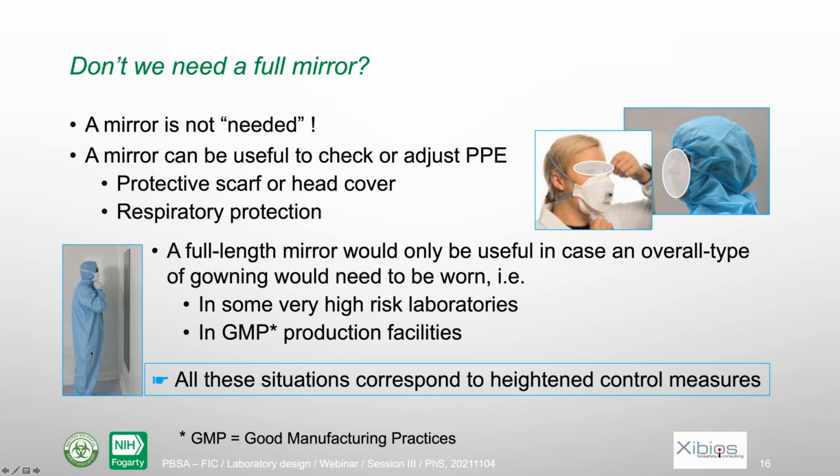And this is not done in most labs. That's only for some very high-risk laboratories or in some GMP, good manufacturing production facilities, like in vaccine production, for instance. But anyway, all those are height control measures, and you should really adapt your decision to the situation. But in most cases, a small mirror should be enough.